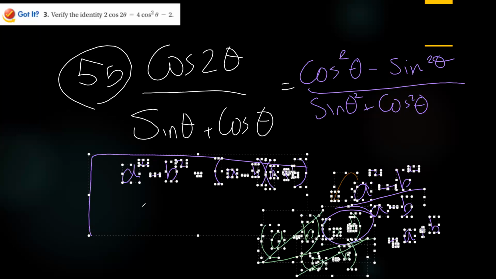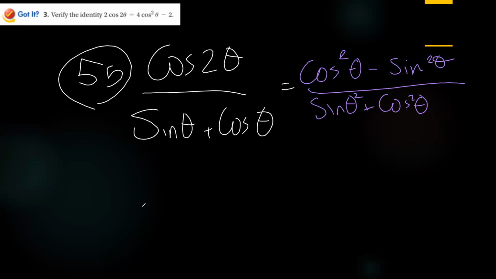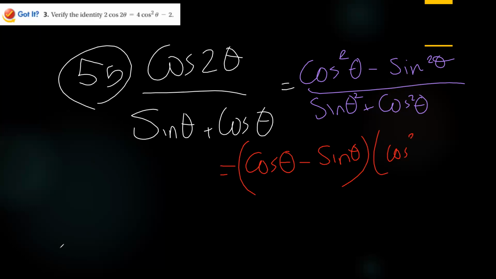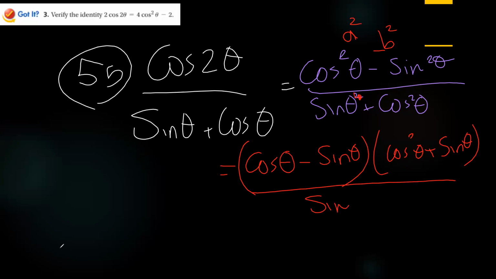Now here we can make the same steps. Cosine squared minus sine squared, we can factorize as cosine of theta minus sine of theta times cosine of theta plus sine of theta, like a squared minus b squared, which is a minus b times a plus b, over sine of theta plus cosine of theta.